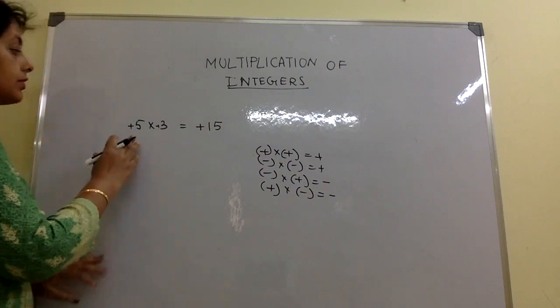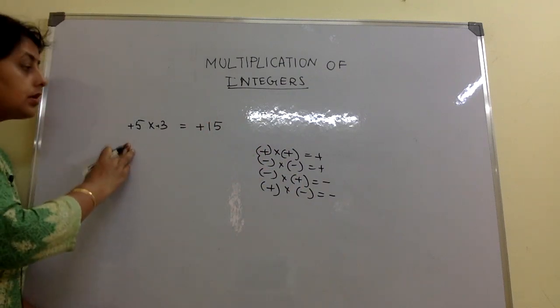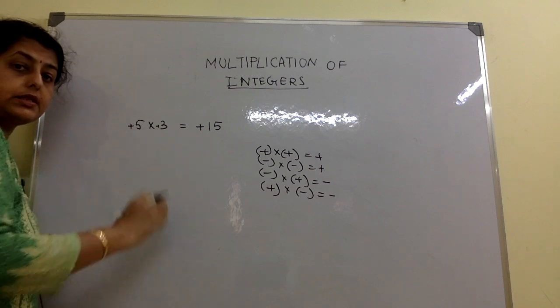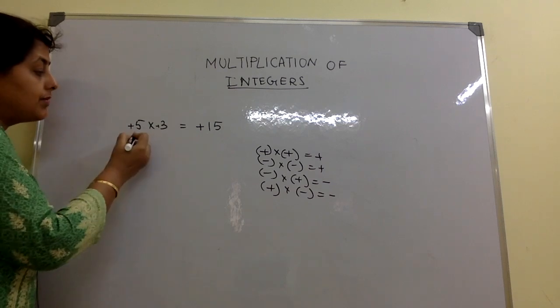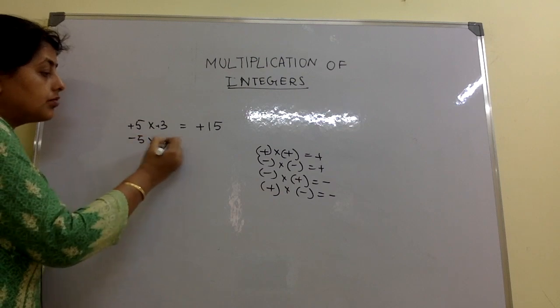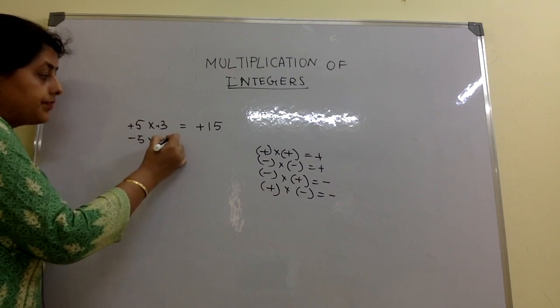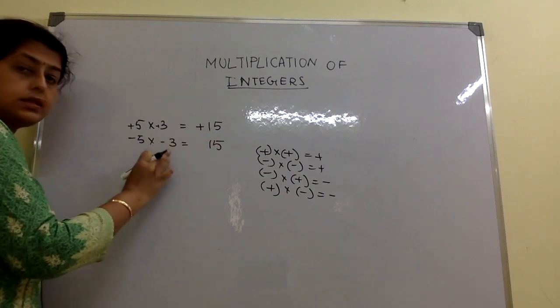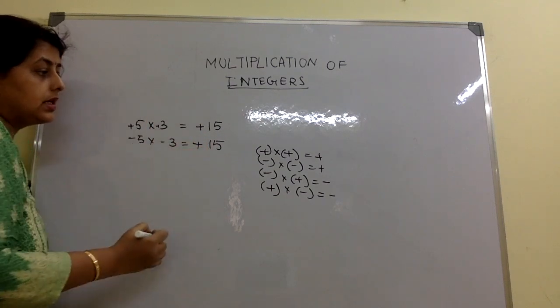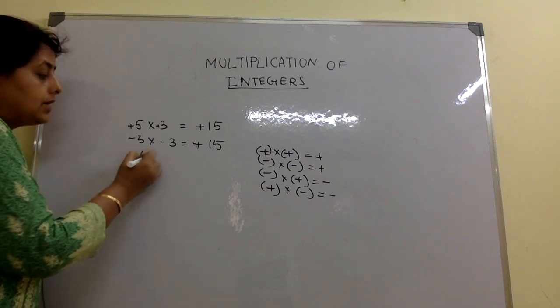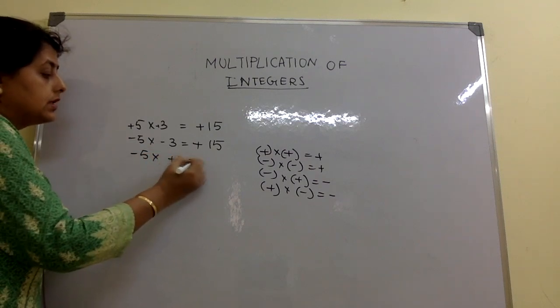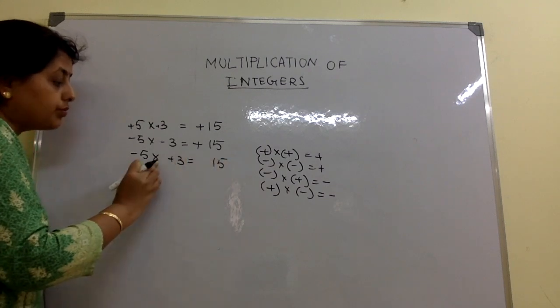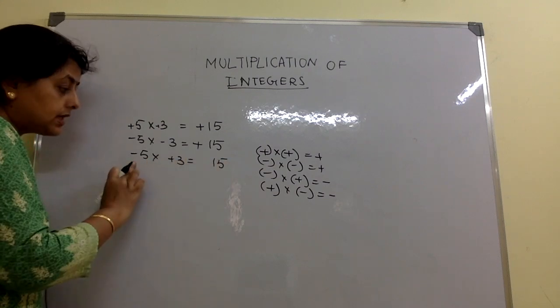Now here I took an example. Plus into plus is plus. Let me take minus 5 into minus 3. Now 5 into 3 is 15, minus into minus is a plus. Now let me take minus 5 into plus 3, 15, number with number, sign with sign.